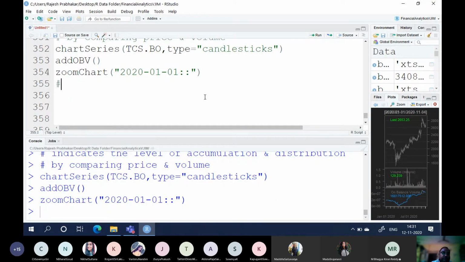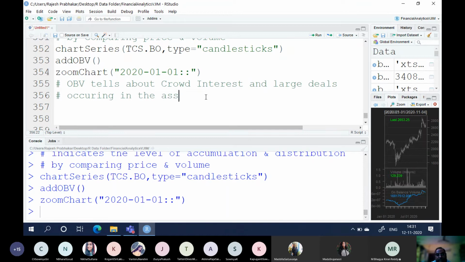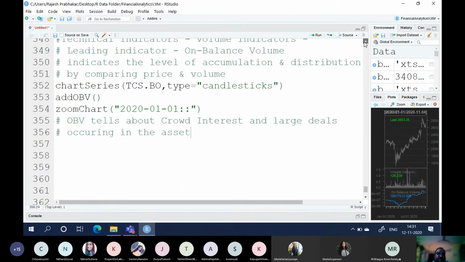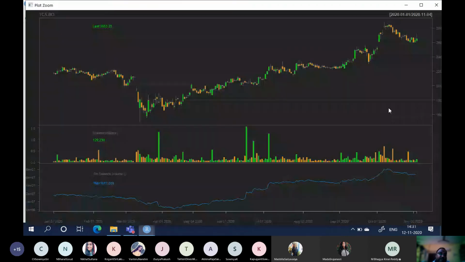Basically, OBV tells about crowd interest and large deals occurring in the asset. Whether large deals are happening or whether many investors are interested in that thing. That is what OBV tells us.